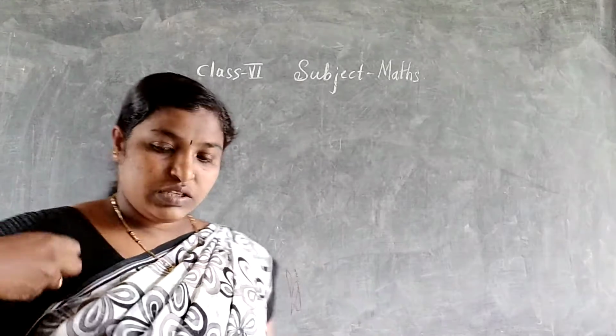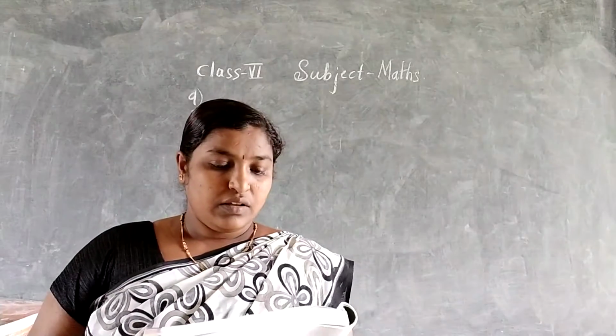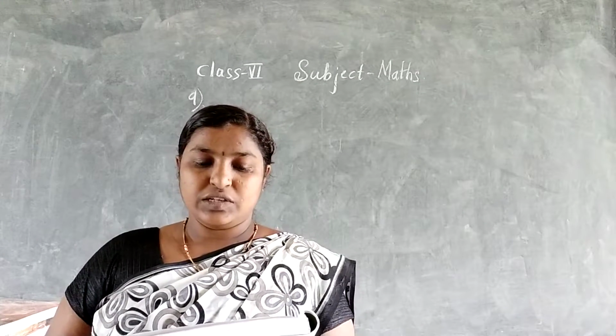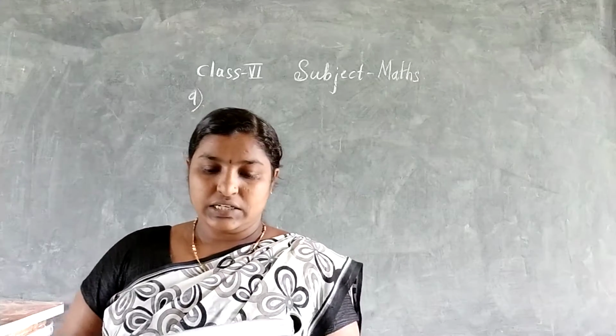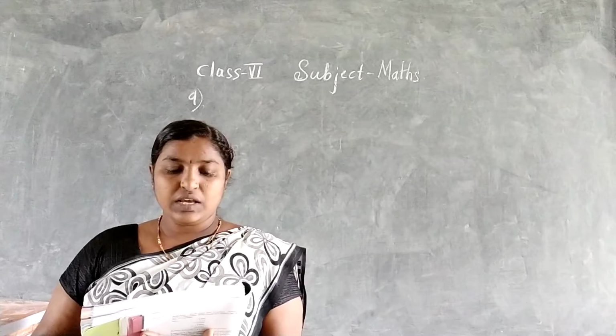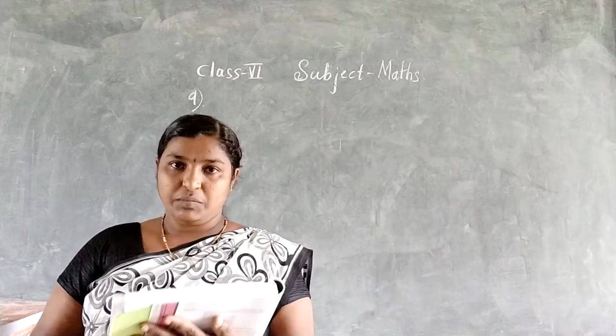Read the question and try to understand it. To stitch a shirt, 2 meter 15 centimeter cloth is needed. Out of 40 meter cloth, how many shirts can be stitched and how much cloth will remain?